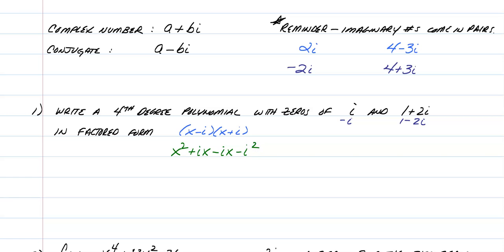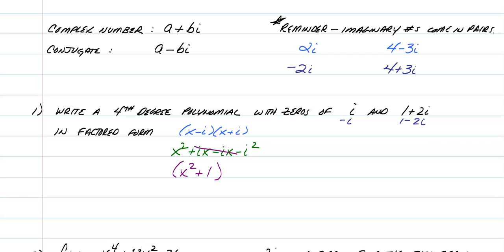Obviously those cancel, but i squared is a negative 1. So this is going to give you x squared plus 1. And that's how you get one of your terms. Now there's another way to do it.